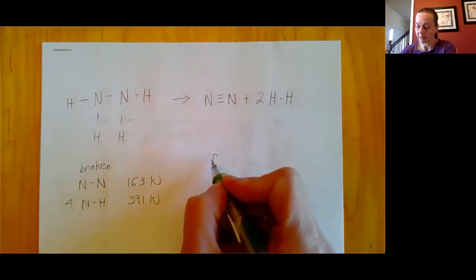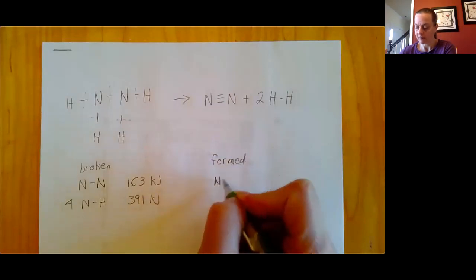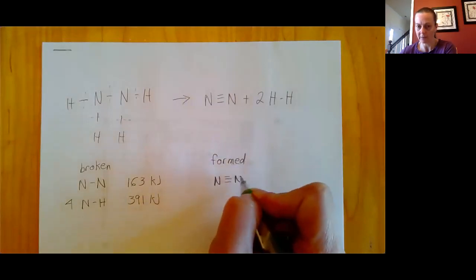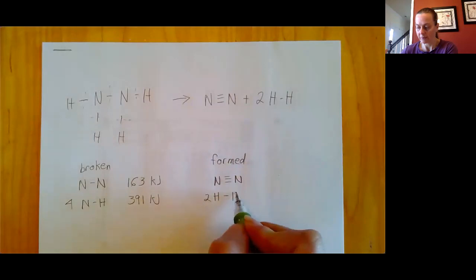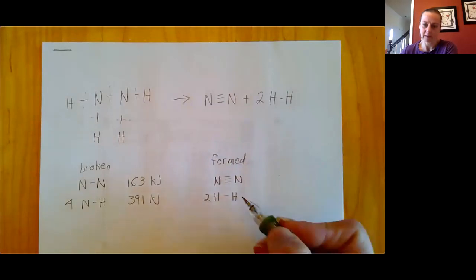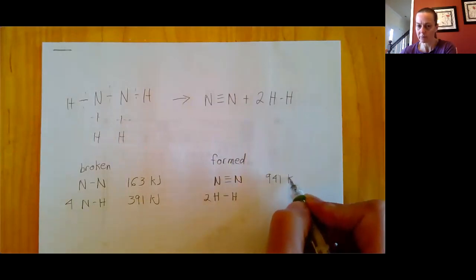And then we see that what's formed is a nitrogen to nitrogen triple bond, and we form 2 hydrogen to hydrogen bonds. And again, we look at the table and we see that the enthalpy of this bond is 941 kilojoules.